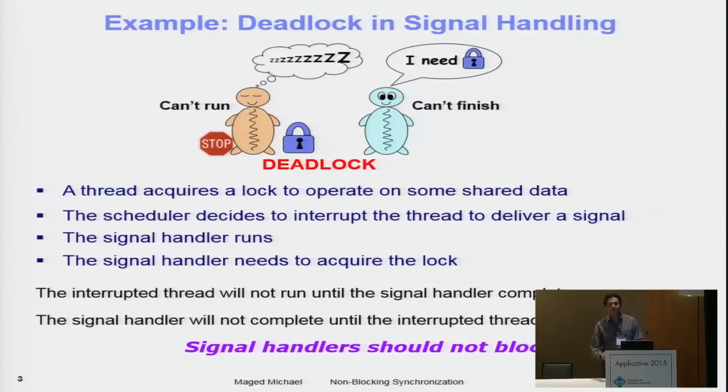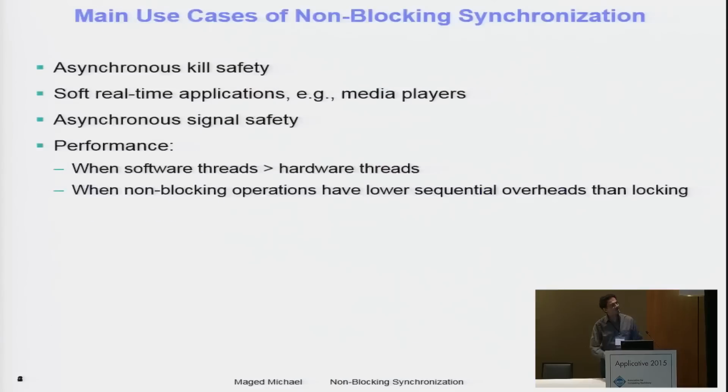That's a motivating example for non-blocking synchronization. You can think of other cases where you want to be able to kill processes asynchronously, and they might be communicating with other threads and sharing data. If the other threads have to wait for action by that terminated process, then the system becomes unavailable and we have deadlock.